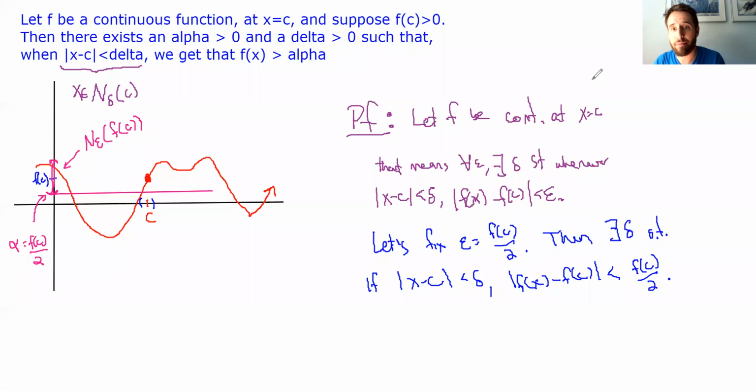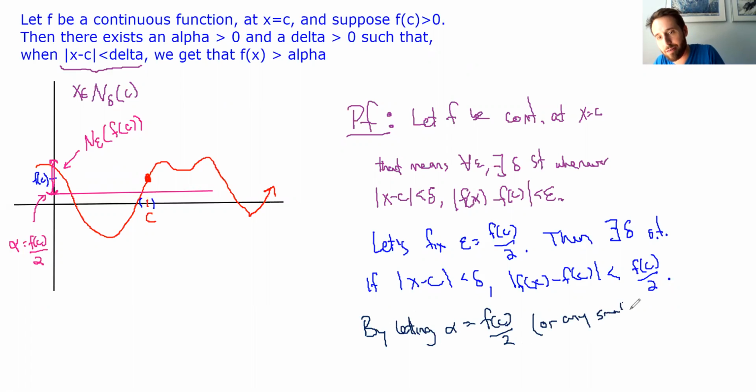And so we can conclude by letting alpha equal f of c over 2, or any smaller positive number, we know that f of x will be bigger than alpha when x minus c is less than delta.